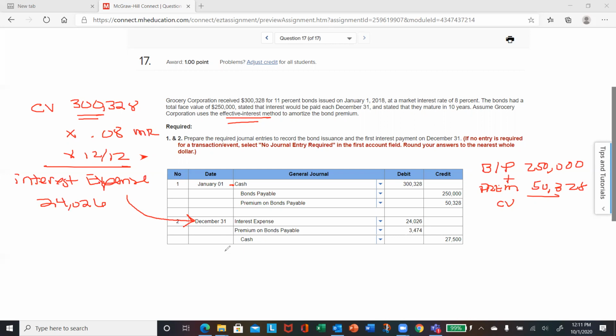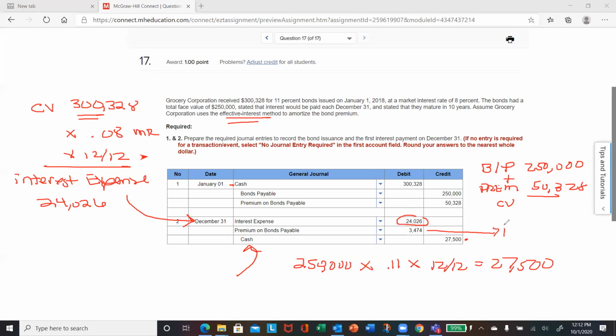And then you'll notice that the cash payment of $27,500 doesn't change. That's still your face amount multiplied by the stated rate of 11%, again times 12 over 12. That's where they get that $27,500. That's no different than problem 16. So your cash payment's the same, but notice the interest expense is a direct calculation.